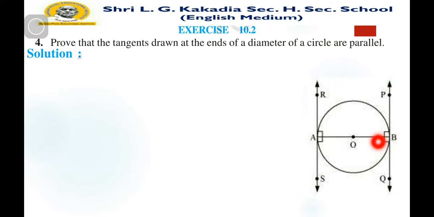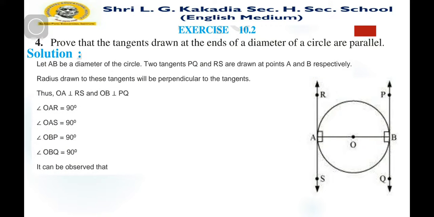So let AB be a diameter of the circle. Two tangents PQ and RS are drawn at the points A and B respectively. Radii drawn to these tangents will be perpendicular to the tangents, as we know by theorem 10.1. So OA is perpendicular to RS, and OB is perpendicular to PQ.